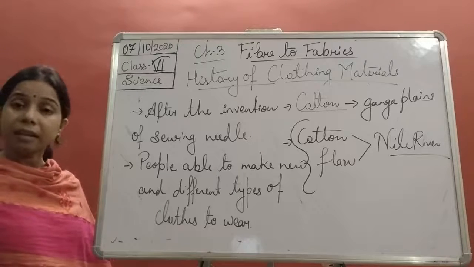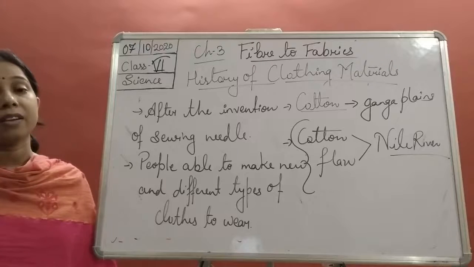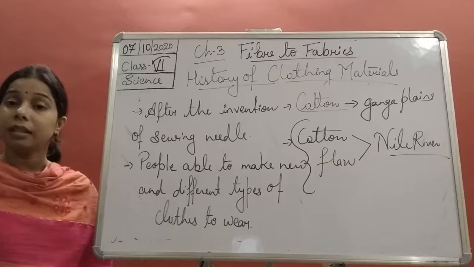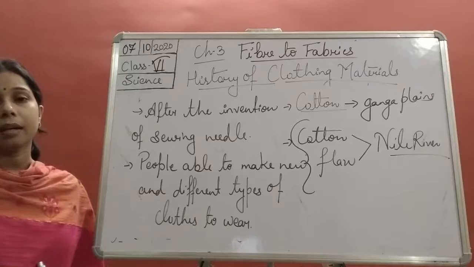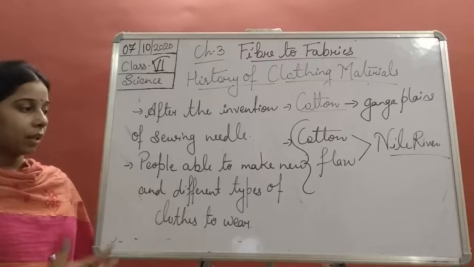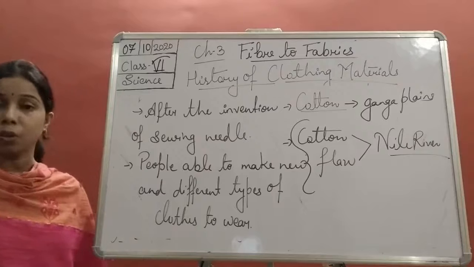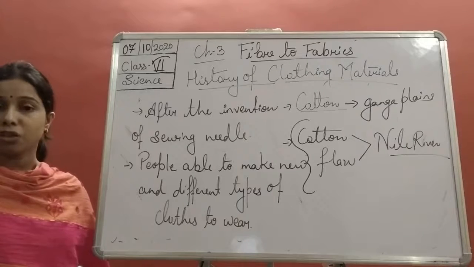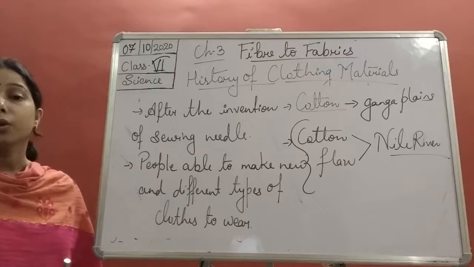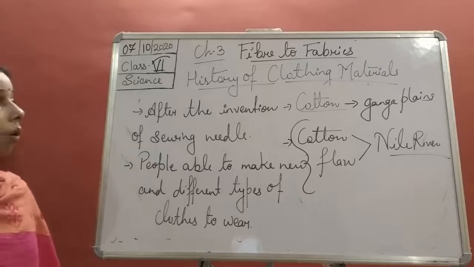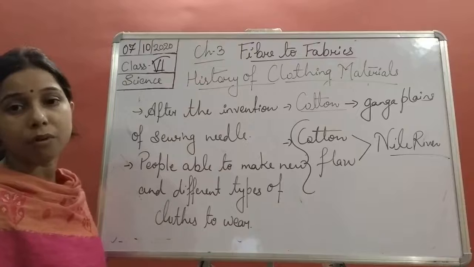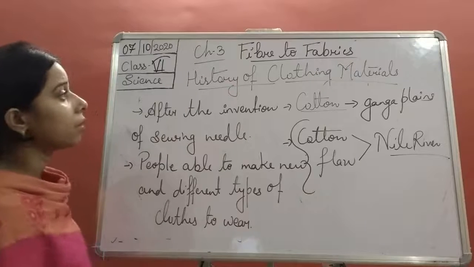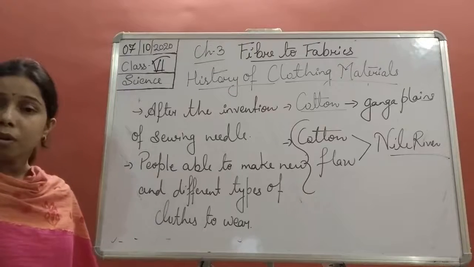Okay, finally with the invention of the sewing needle, they also understood how they can stitch the clothes, and with the stitching process they can make new fabrics also. Okay, so this is all about fiber to fabrics. Okay, so this is the end of the chapter, that is fiber to fabrics.